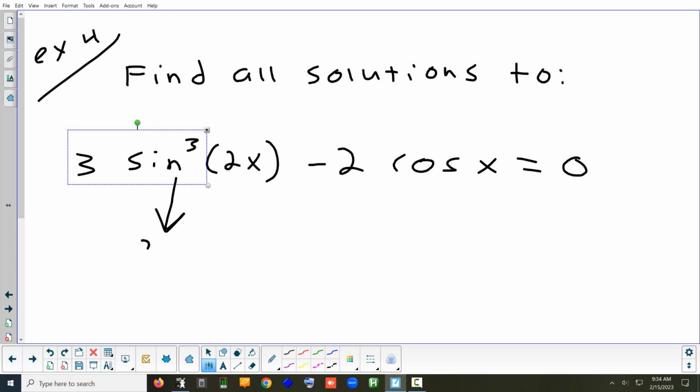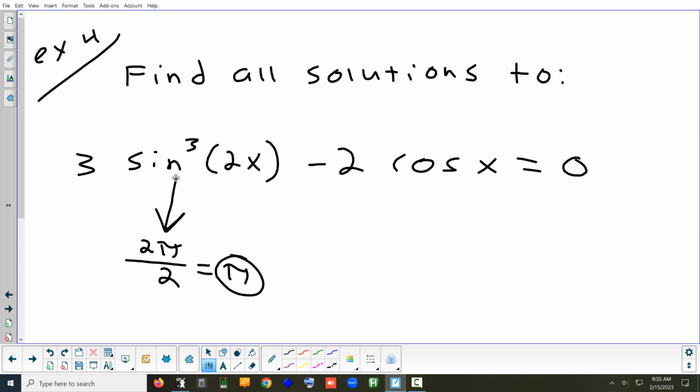Yep, 2 pi over b. In this case, b is 2, so 2 pi over 2. And that gives me a period of what? Pi. So this first term is going to cycle every pi.